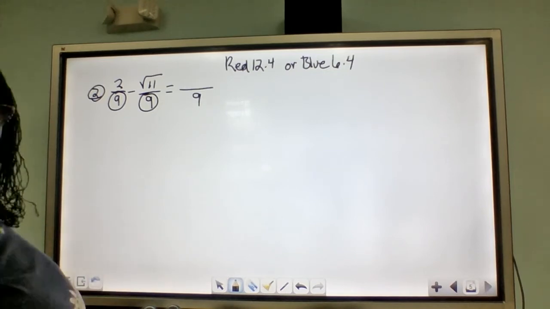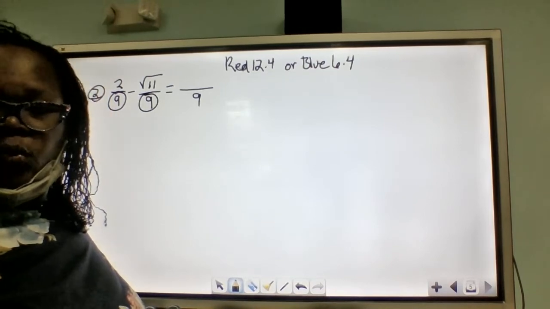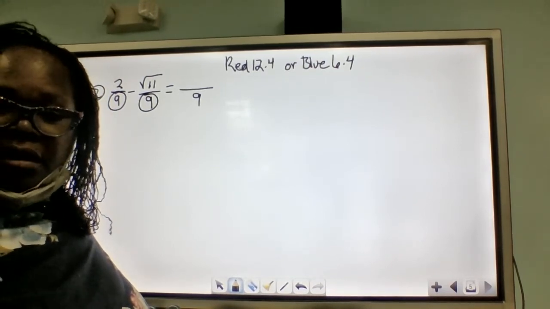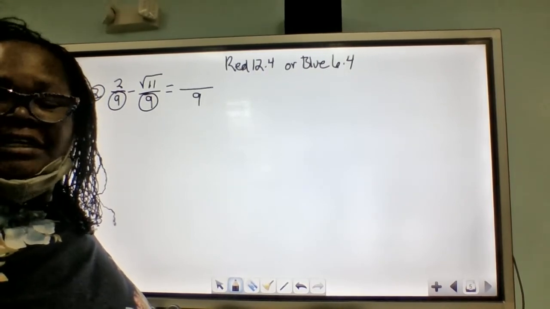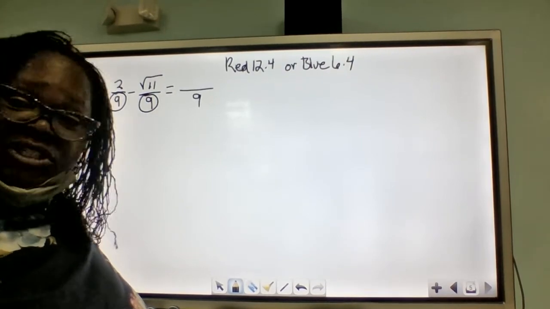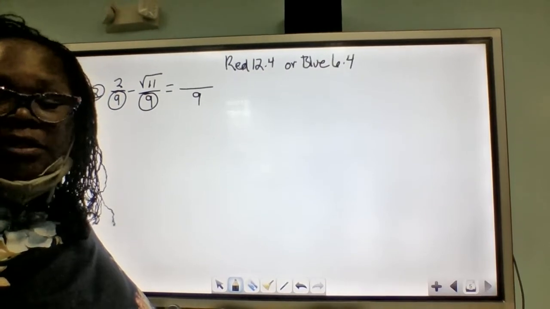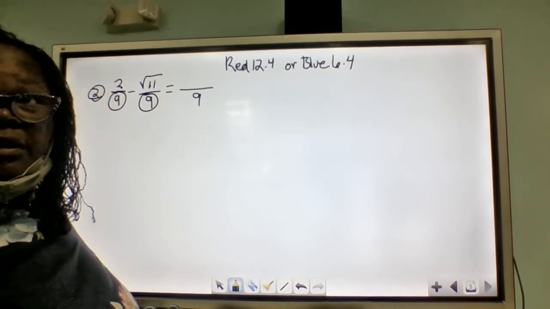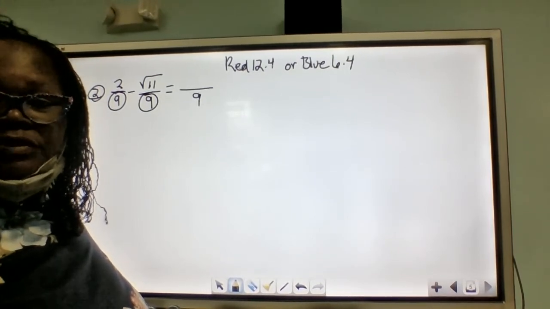In this case, our numerators have different identification. One is a whole number, 2. The other one is a radical, which is the square root of 11. Because they are not the same category, same species, same last name, same daddy, however you want to call it, we do not add or subtract those that are not like terms, in that they are two different types of numbers.